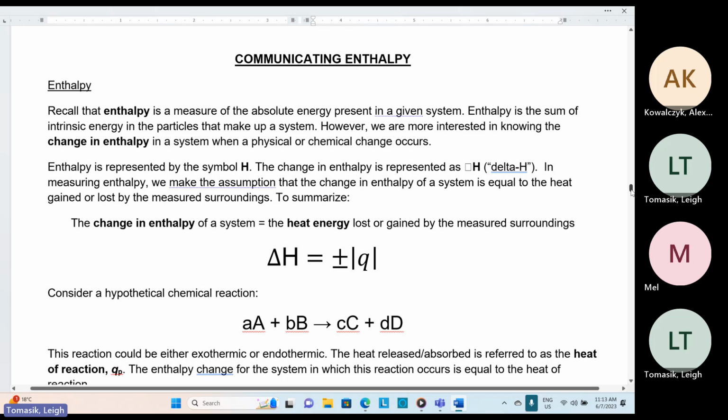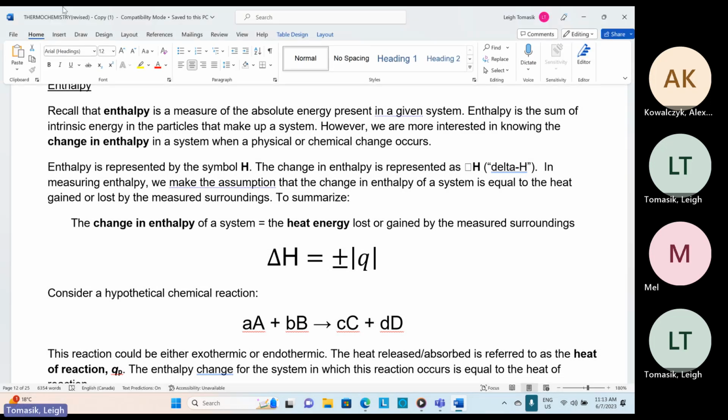Sometimes it's going to be communication where you're reading something, so you have to understand by reading or looking at something what kind of change in enthalpy has gone on, whether it's endothermic or exothermic.